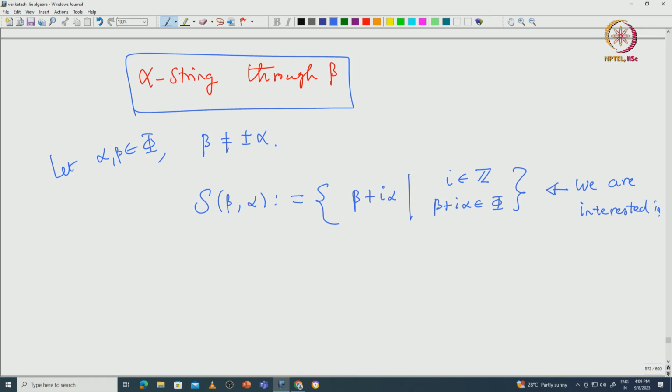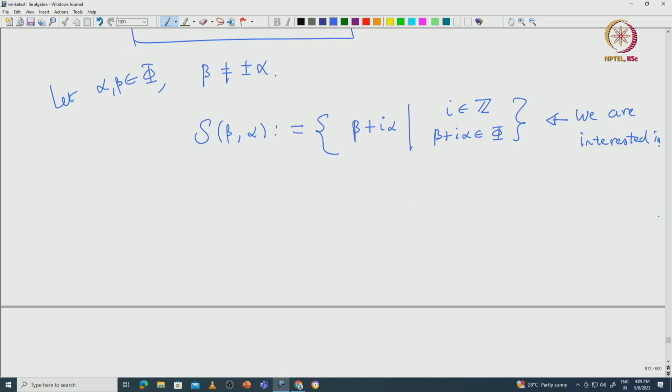We want to claim that this S of beta, alpha is indeed unbroken, that it corresponds to an interval. How does one prove this? Since phi is finite, one will always be able to choose the largest non-negative integers R and Q such that beta plus Q alpha is in phi and beta minus R alpha is in phi.